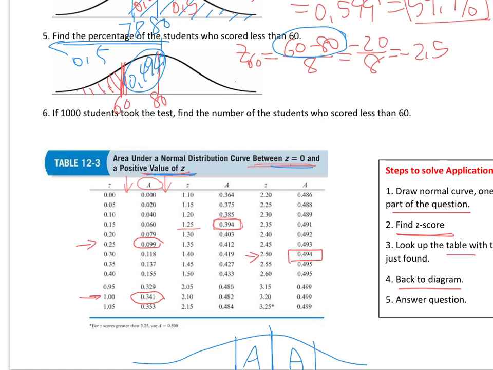Okay, let's finish the question. I should have 0.5 subtract 0.494, which is going to be 0.006, or this reads as 0.6%.